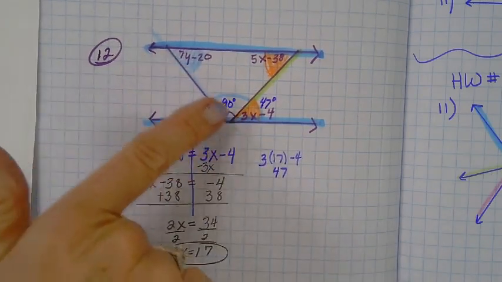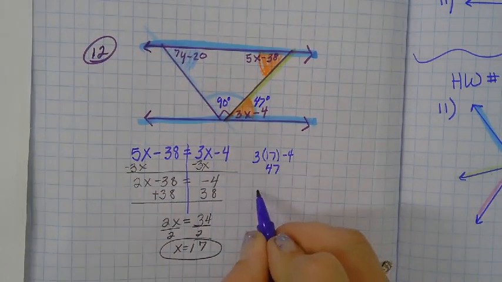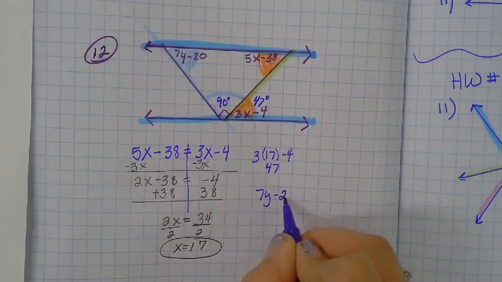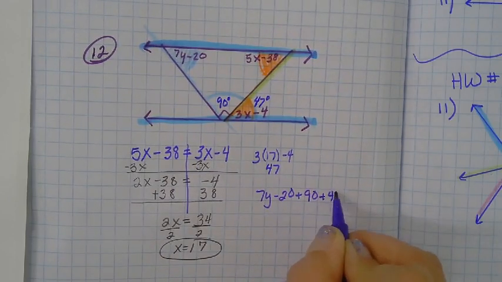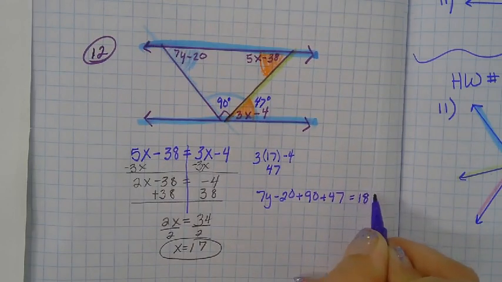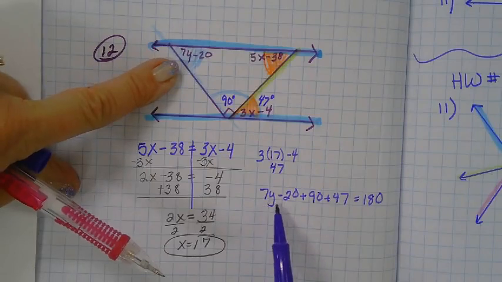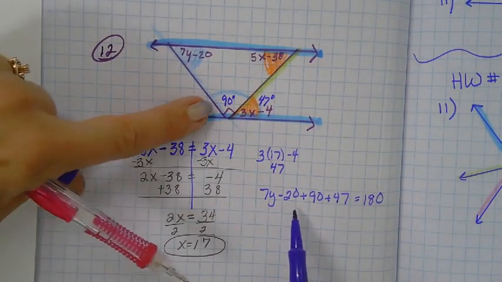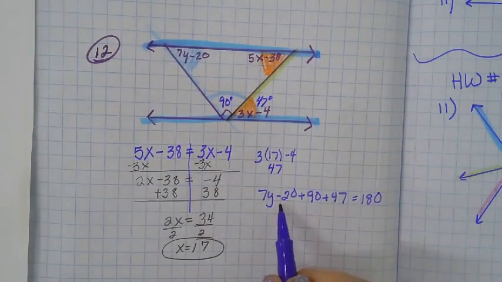So these two angles, same side interior, are they equal or do they add up to 180? What am I hearing? I heard add up to 180. Okay. So we have from the top one here, the 7y minus 20, and then plus the 90 plus the 47 equals 180.